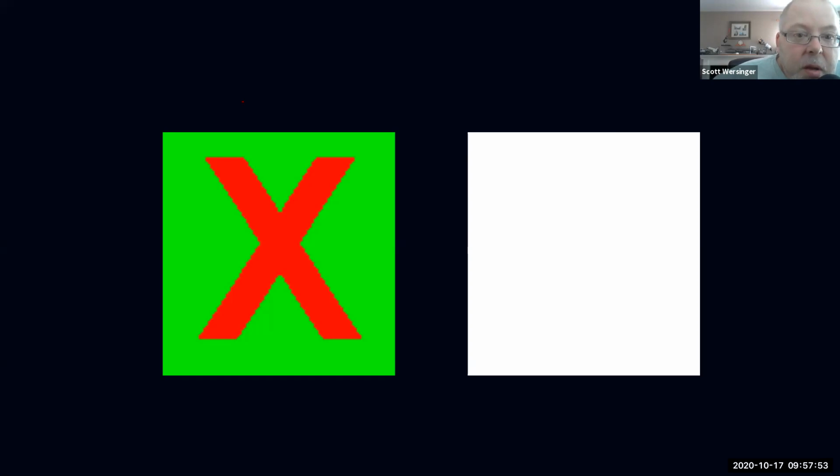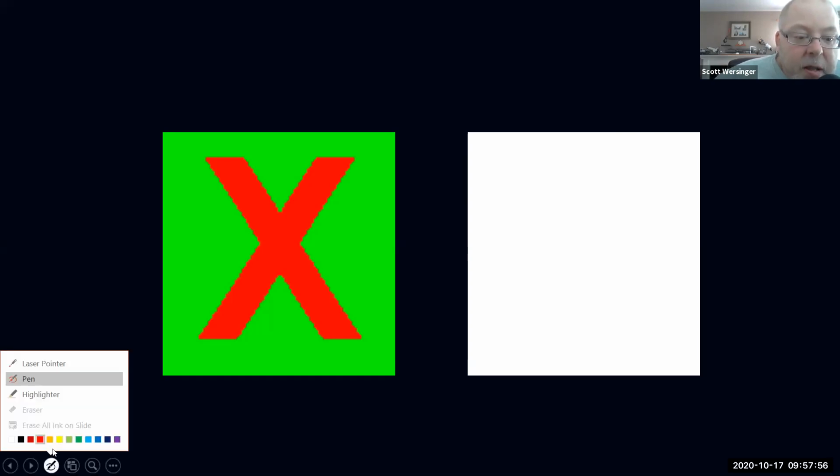So how come? When I am staring at this, let's talk about that red green cell. When I'm staring at the red X, I increase firing rate. So I'm looking at the red X. The firing rate of that red green ganglion cell goes up.